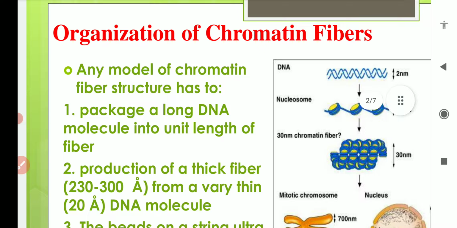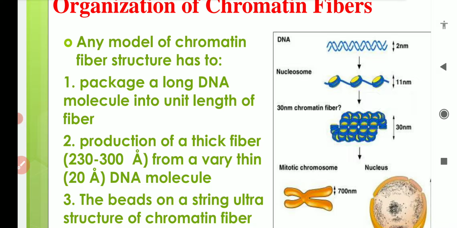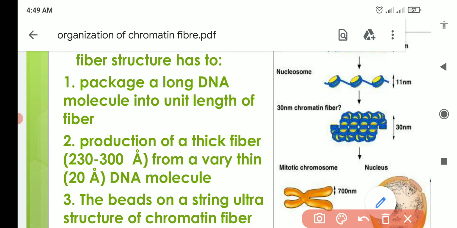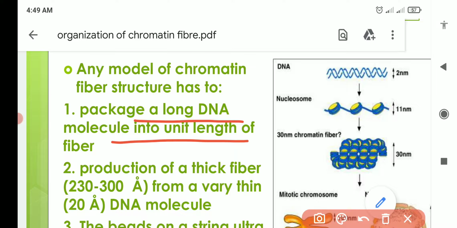So the structure of this chromatin fiber should have certain basic structural features. First of all, it should have a packaging of a long DNA molecule into a unit length of the fiber.